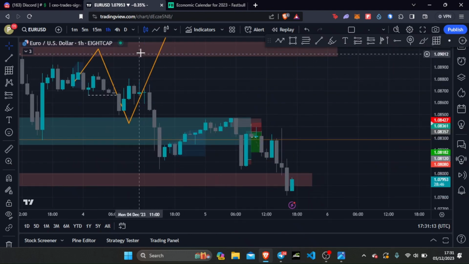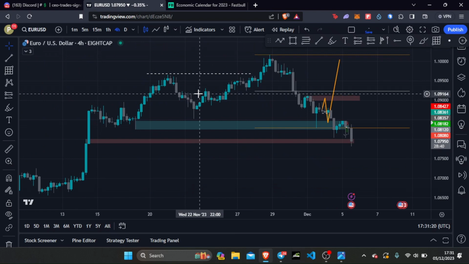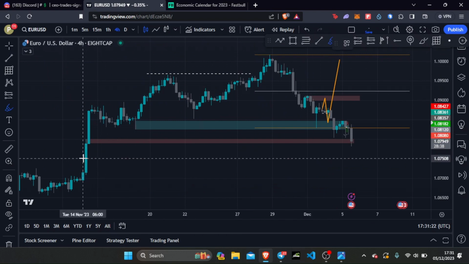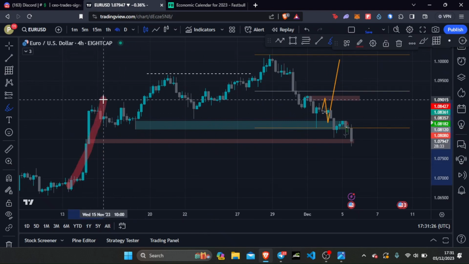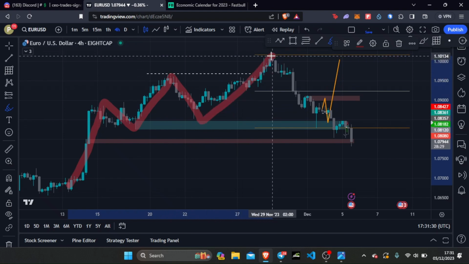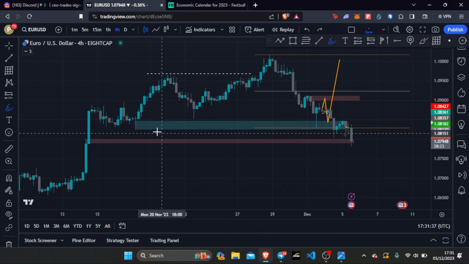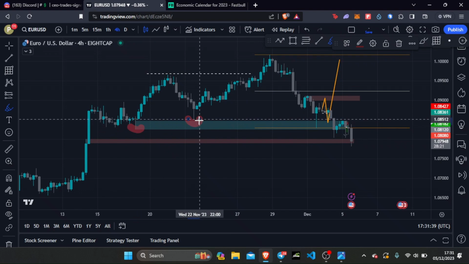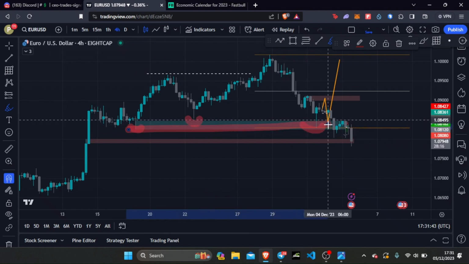So if we now understand that this is how banks work, what we first need to do is understand our directional bias. If we take a look at Euro USD on the 4-hour time frame, we can see that we're creating a series of higher highs, higher lows, higher highs, and higher lows. So when we get to this area right here, we've got all of this liquidity that's built up.